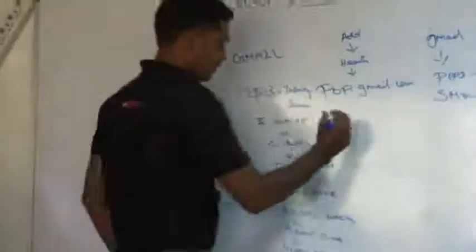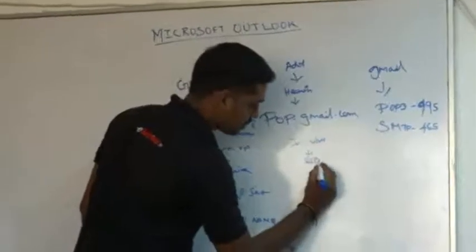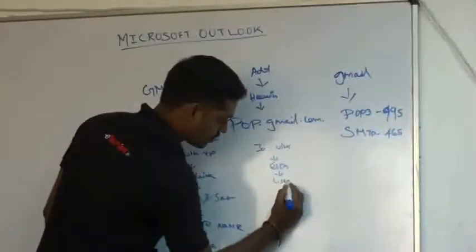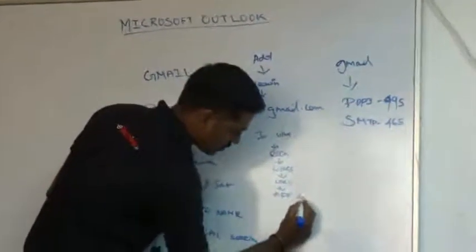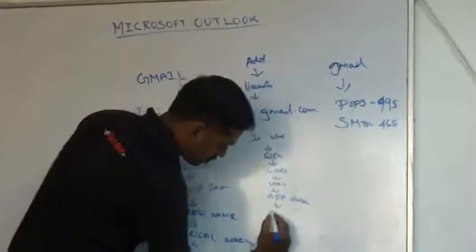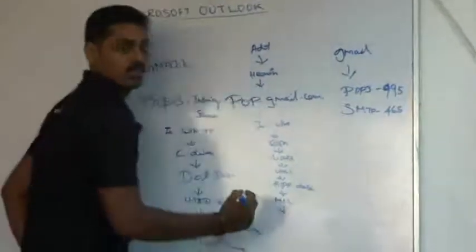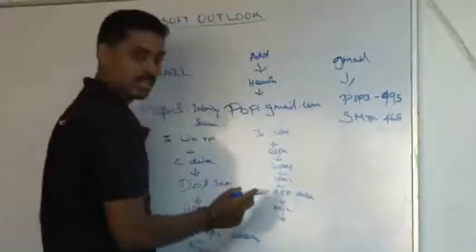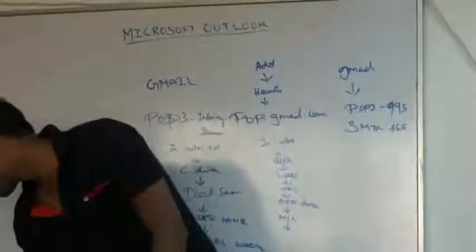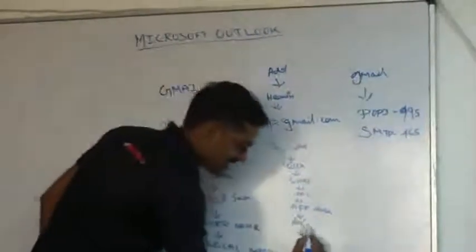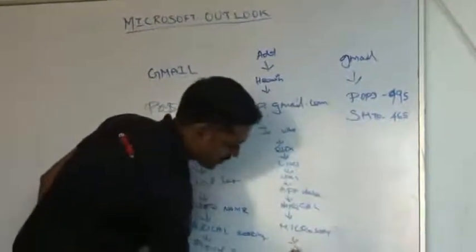In Windows 7, it is Users, username, Application Data, Local, Microsoft, Outlook.